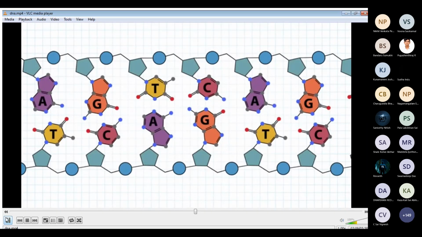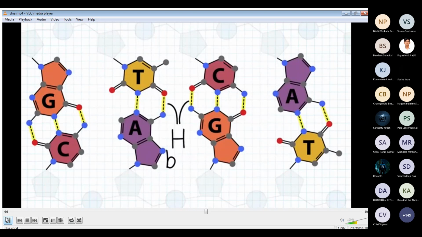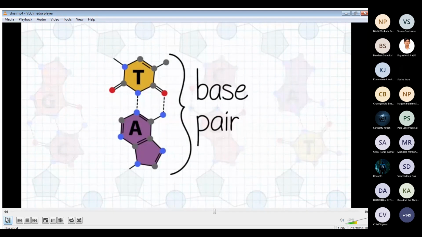Although the nucleotides come together through covalent bonds in the backbone, the two DNA strands interact through non-covalent hydrogen bonds between the bases. Each base forms multiple hydrogen bonds with its complementary base on the opposite strand. Bound together by hydrogen bonds, each unit is called a base pair.